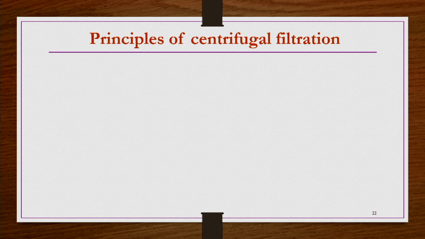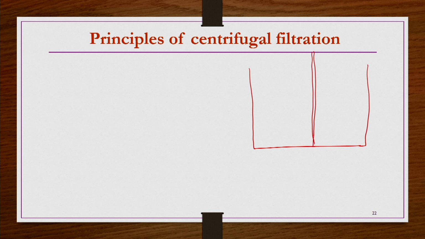Okay. Now, we go to the case of centrifugal filtration. What happens in general centrifugation, separation by centrifugal forces, is there is a kind of bowl, and this bowl is rotated at a certain speed. When this rotation takes place, centrifugal forces develop.